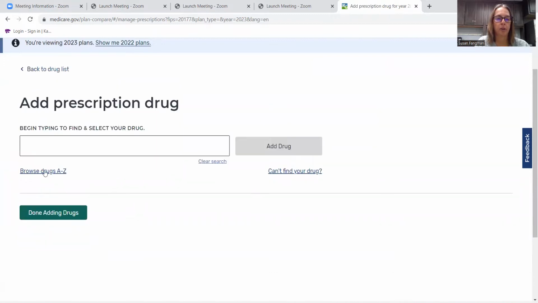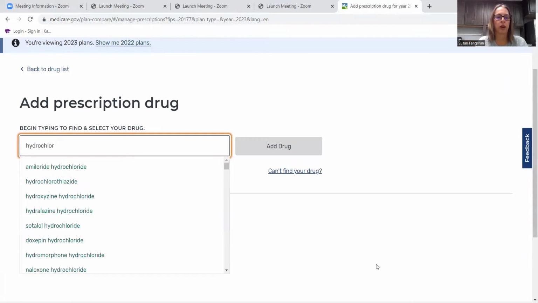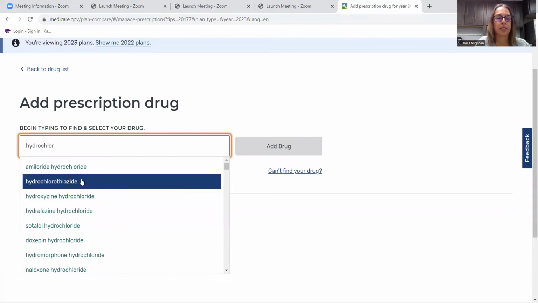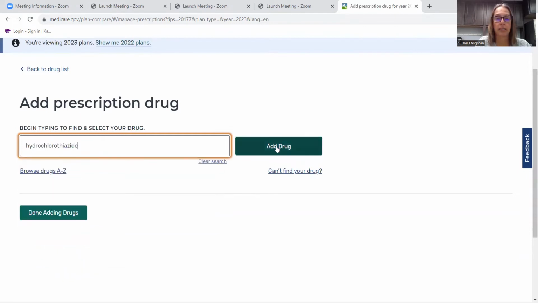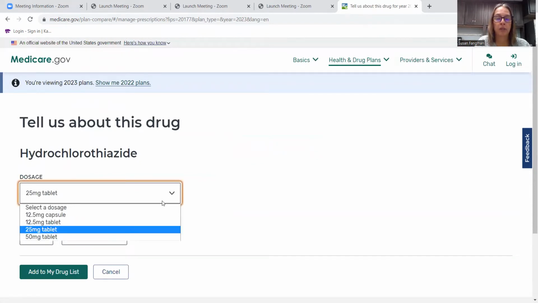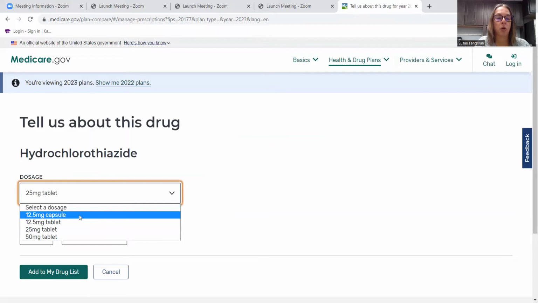We're going to add another prescription. Let's add hydrochlorothiazide. And really pay attention to what you're clicking here because some of these really start to look the same. So pay attention. And it does make a difference on some of these prescriptions price-wise between capsules and tablets. So click the one that you do take.